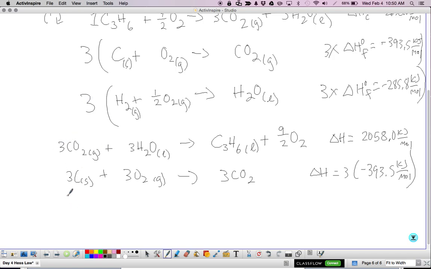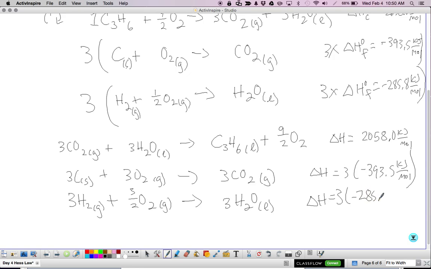And then this last one is going to be 3 hydrogens plus 3 times 1/2, which is 3/2 oxygen gas, makes 3 waters. Delta H for this is going to be 3 times negative 285.8 kilojoules per mole. So I've got rid of all these. This is the good stuff down here.